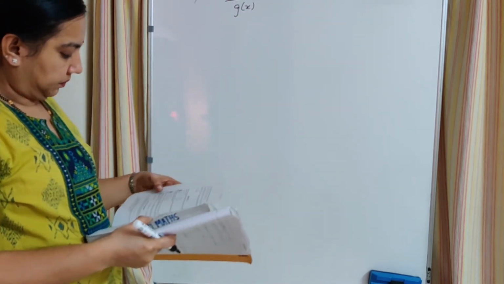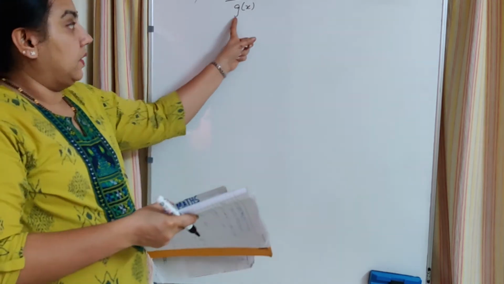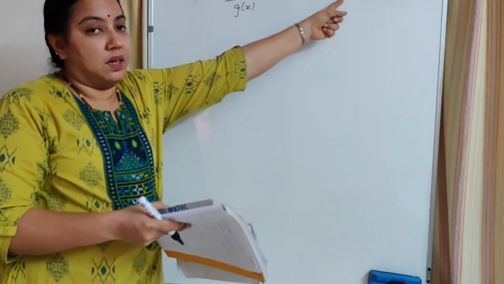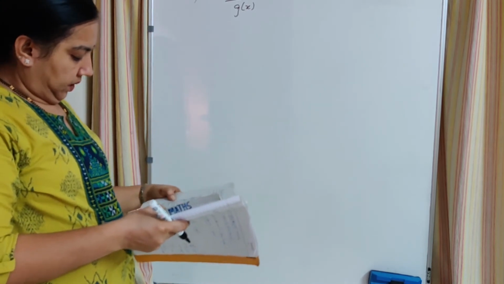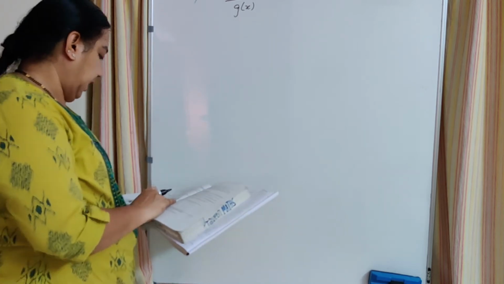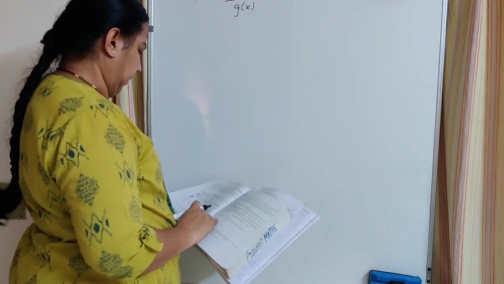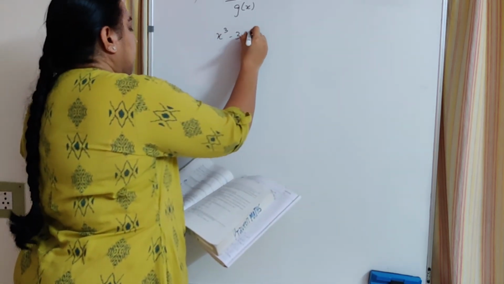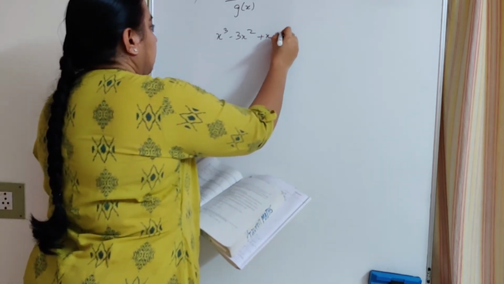Now what is given is, they have not given g of x. They have given p of x, the quotient q of x, and the remainder r of x. They are asking us to find g of x. That is the sum. So what is given, I am writing it out now: x power 3 minus 3x square plus x plus 2.